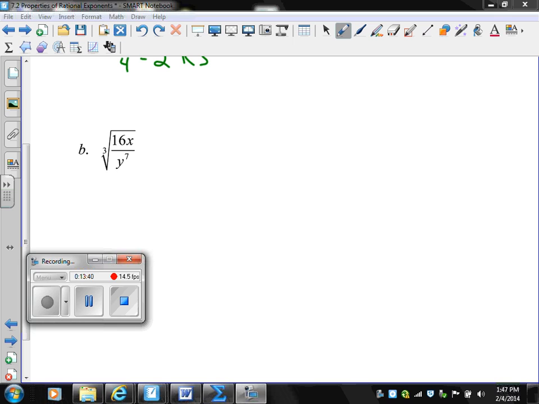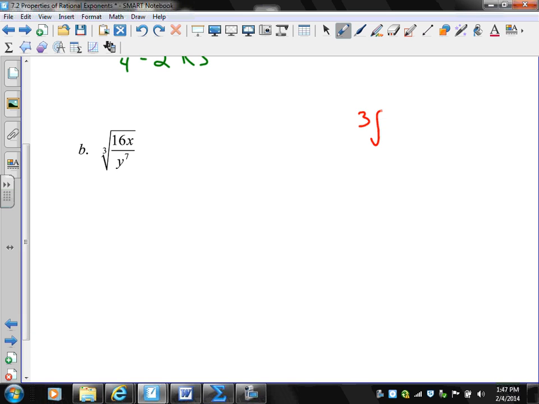We said this is the cube root of 8 times the cube root of 2. So the cube root of 8 is 2 times the cube root of 2. So when I go to write my solution over here, I'm going to have a 2 on the outside, and inside the cube root, I'm going to have a 2. I might have other stuff inside and other stuff outside, but I definitely have that to begin with.